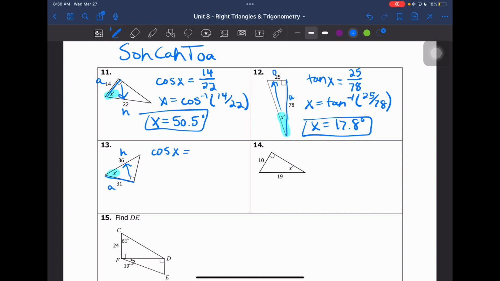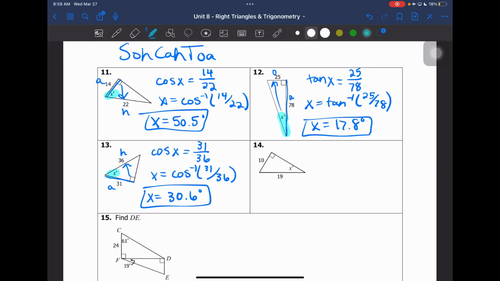I don't know my angle measure, so I'll put x. And then I want to do 31 over 36. So to find my x, I need to use the inverse cosine function. And whatever the inverse cosine of 31 over 36 is, that's my answer. So this comes out to 30.6 degrees.